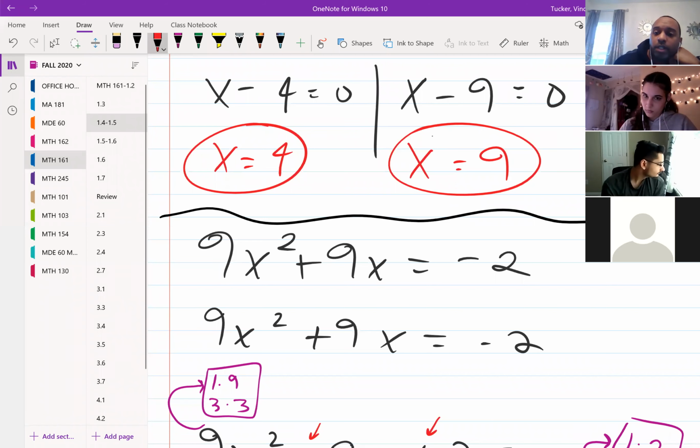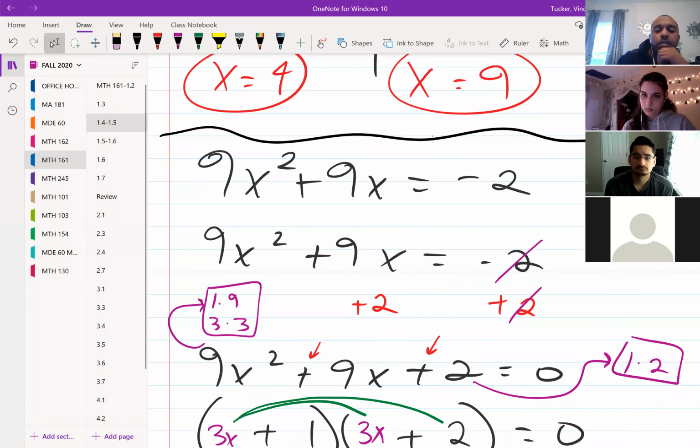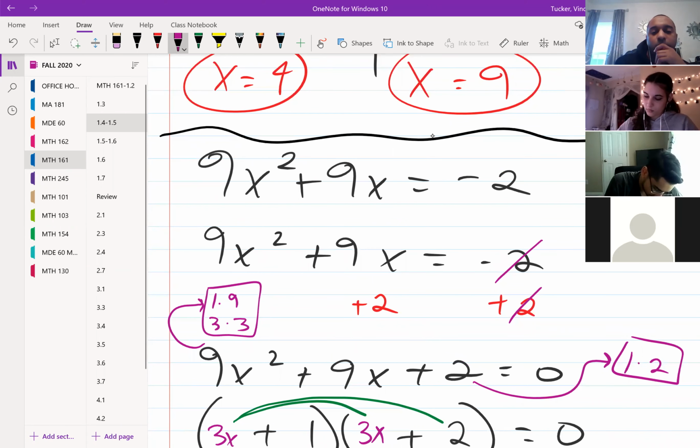The way we'll do that is by adding 2 to both sides. The 2's will cancel on the right, and that leaves us with this expression right here: 9x squared plus 9x plus 2.